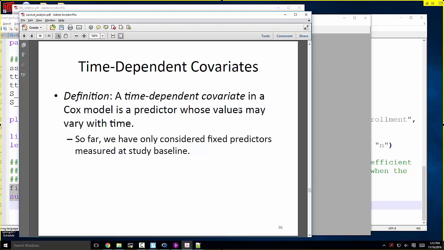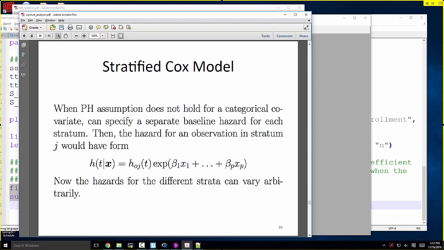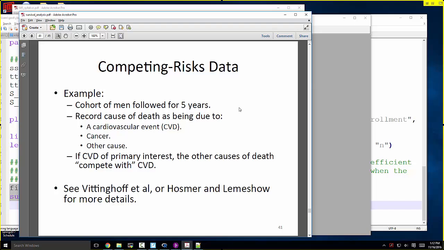Cox model is not by default set up to handle that. Non-proportional hazards. Cox model is not set up to handle that, but you can get around it by using the stratification trick, strata. And competing risks, I think for our purposes, I'd like you to just be aware of that issue.